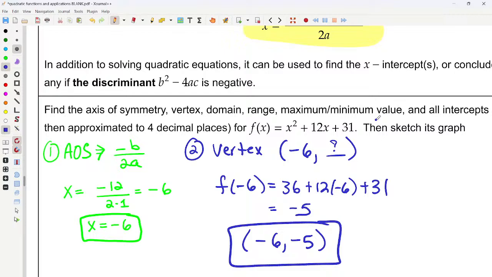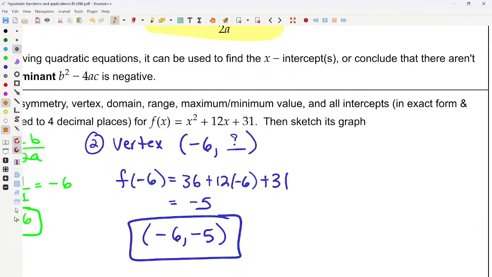I'm going to purposely skip domain and range for a moment. Although I could do it, I just want to skip it. Let's talk about the extreme value, max or min. Well, our a value is positive. That's happy. Smile. Upward. So smiling, that means our vertex y coordinate is a minimum. So 3.